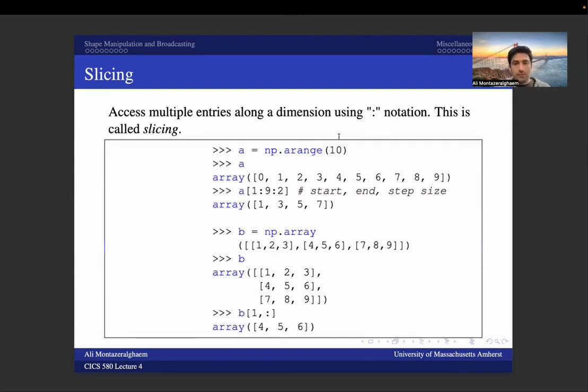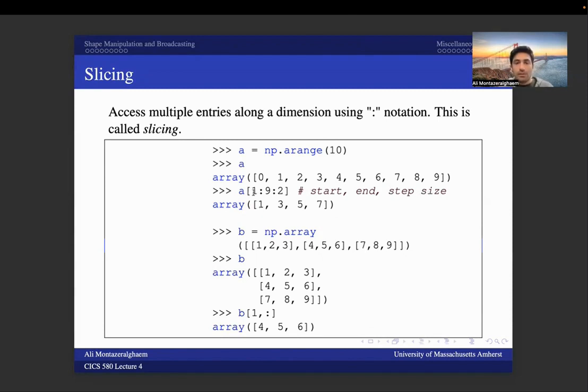So for example, here we define A as np.arange, which gives us a one-dimensional array starting from 0 until 9. We want to know the elements in this list starting from index 1 until index 9, and the step size can be 2. So here we use a colon, and we mention the start index, the end index, and the step size that we want in the output.